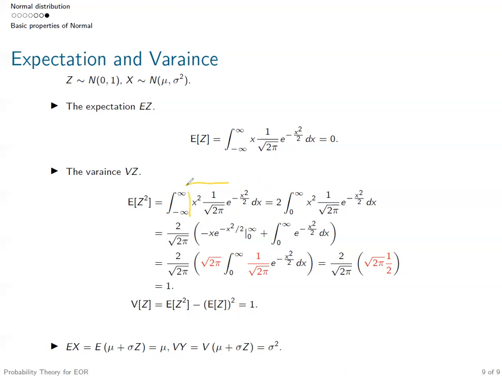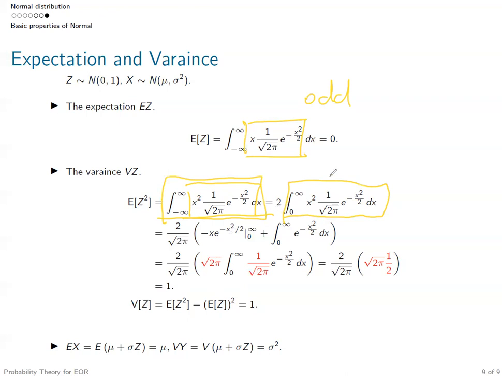If we look at this function, x is an odd function, but x squared is an even function. So the value of this integral is essentially 2 times the integral if we only integrate from 0 to positive infinity. Right? This is an even function, so the integral value from negative infinity to 0 is exactly equal to the integral value from 0 to positive infinity.